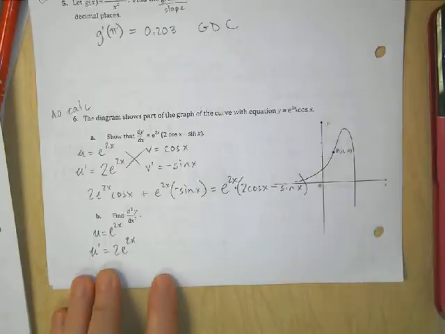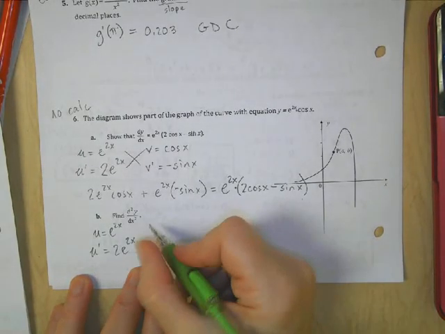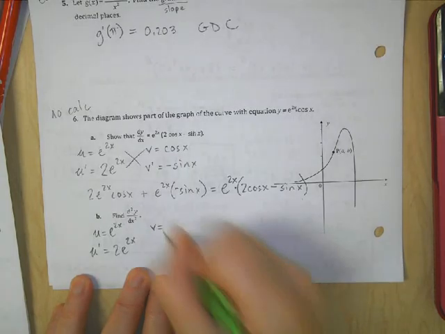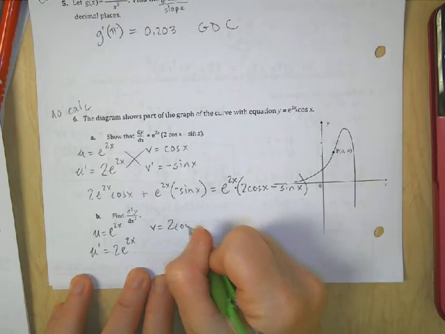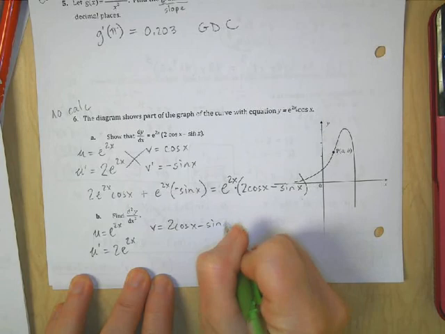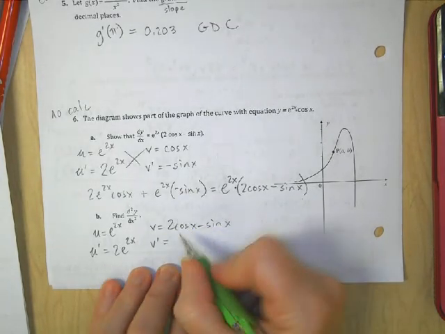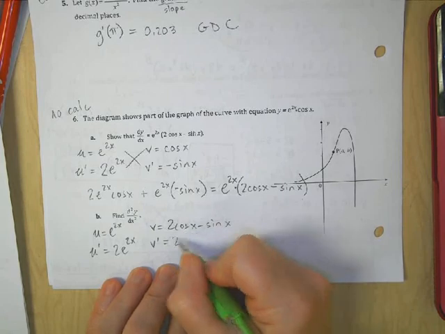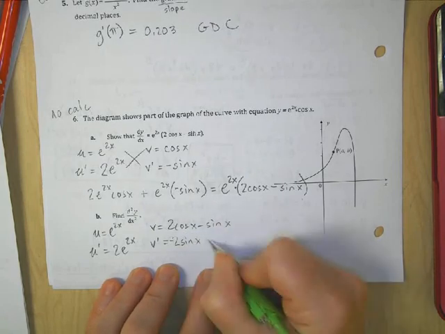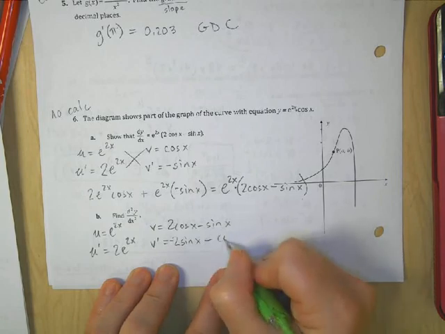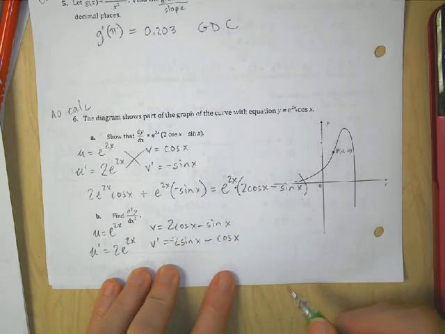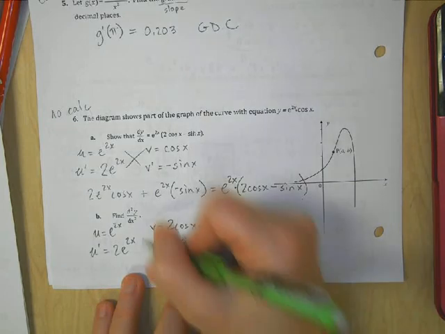Then I have my v is equal to 2 cosine x minus sine x. The derivative of that is equal to 2 times negative sine. So I'm going to put my negative out there. Minus the derivative of sine is cosine. And now I can crisscross applesauce.